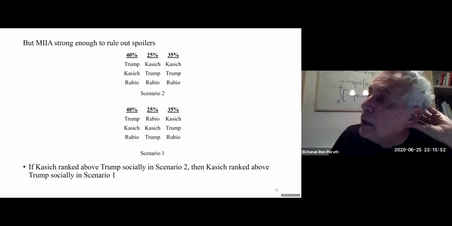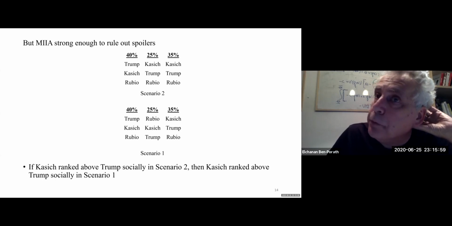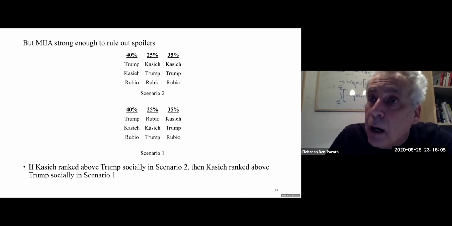I guess the question would be, the rationale for modifying IIA was to reflect the intensity of preferences, which IIA does not.